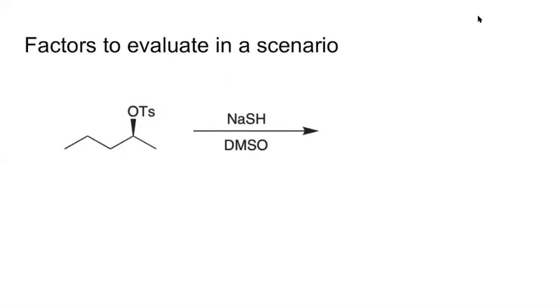Well, I see right here that we have NaSH, which, as we discussed a little bit last week, is a nucleophile. So one factor when we're trying to figure out if this is going to be an SN1, E1, or E2 reaction, what type of reaction is taking place here, we can look at our attacking molecule and see, is it a nucleophile, a base, how strong is it, that sort of thing. So this is actually a pretty decent nucleophile.